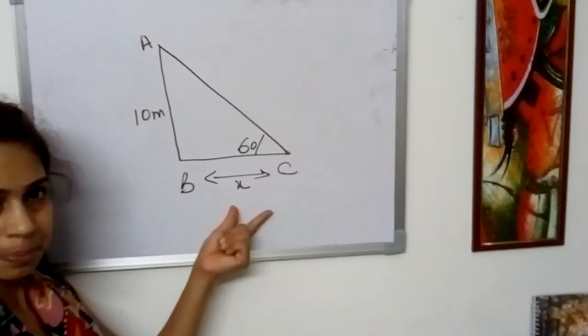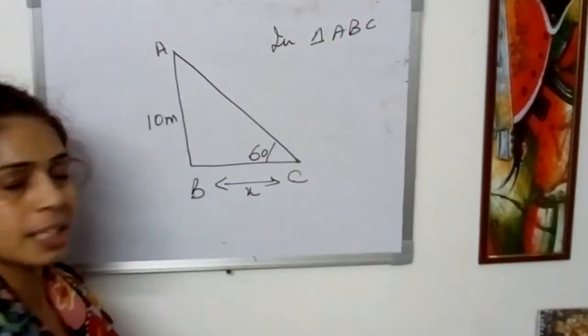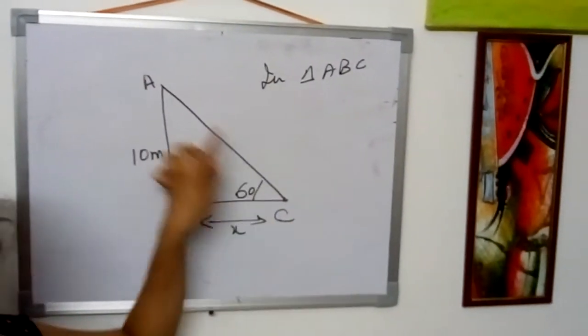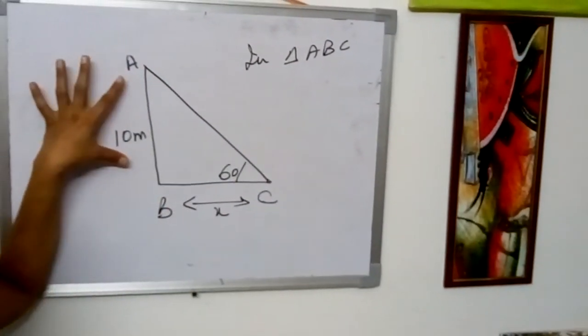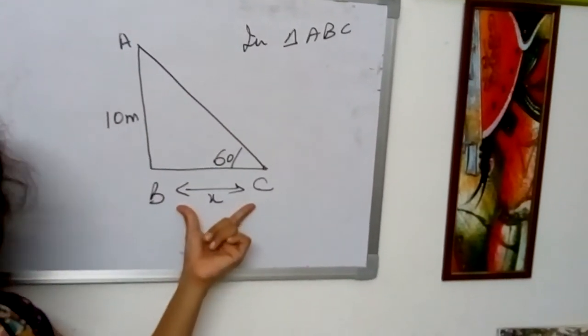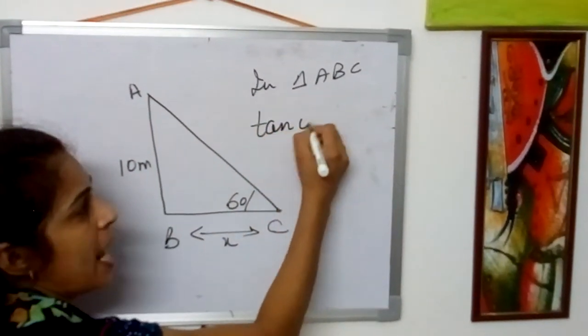Suppose this is X. In triangle ABC, the first concept that we will use is we will find out which two sides of the triangle are given to us. So we know this is AB, which is the perpendicular. We are talking about BC, which is the base. Base and perpendicular are related through tan theta.